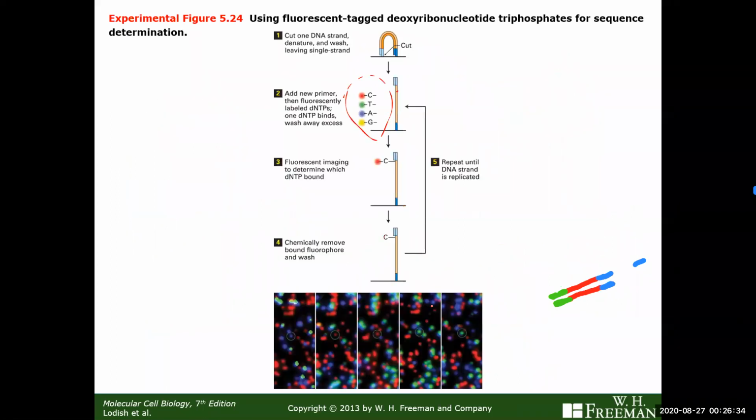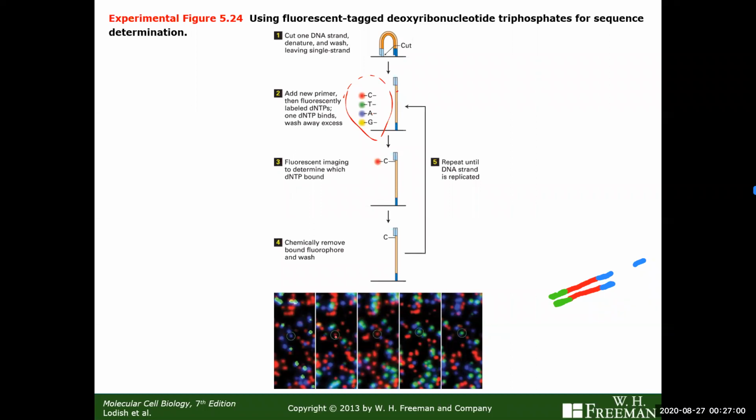If you follow this particular spot here, you see that in the first reaction it incorporated blue. That means it was A. Then you have to do a chemical treatment. This is all done robotically nowadays. You do a chemical treatment, the fluorescent tag is removed, and once it is removed, it is ready to accept the next nucleotide.